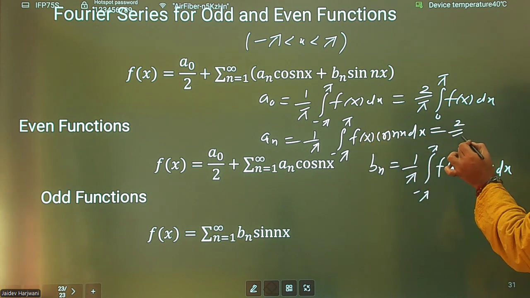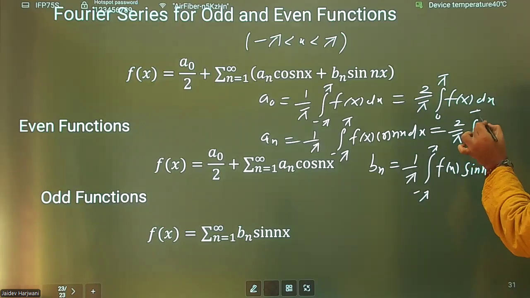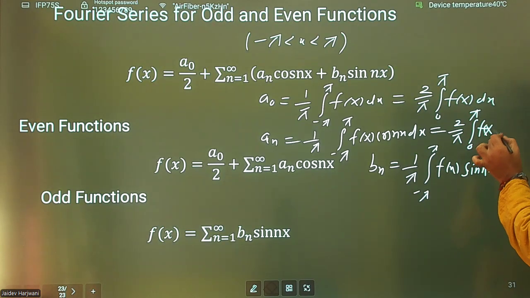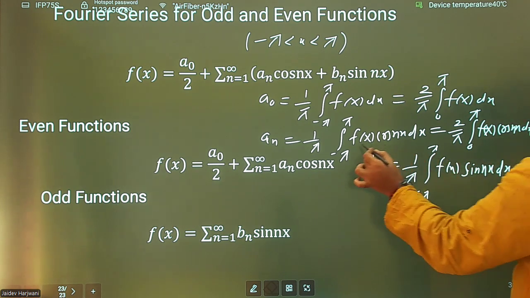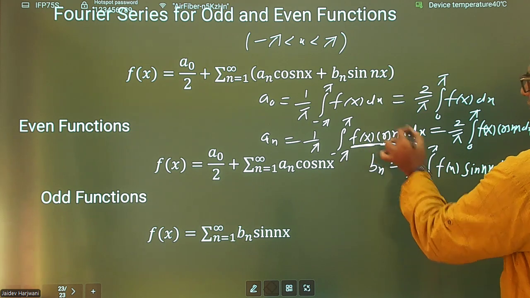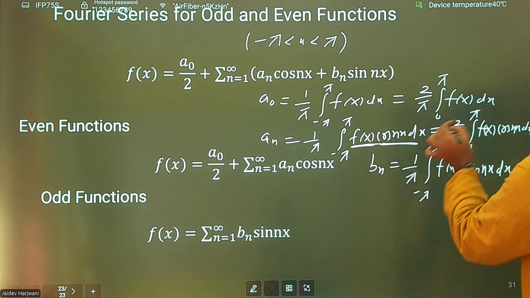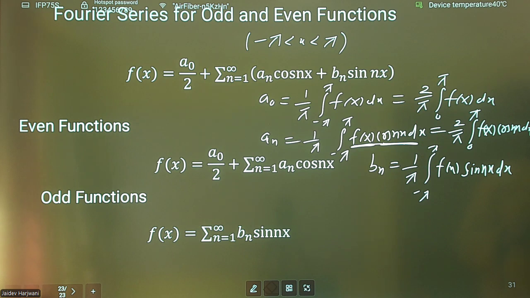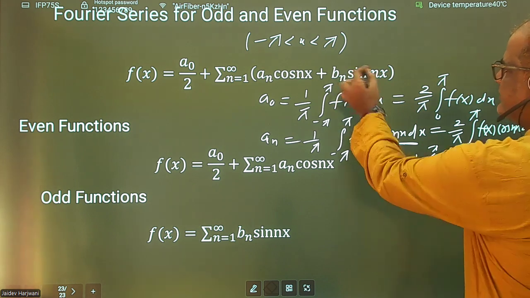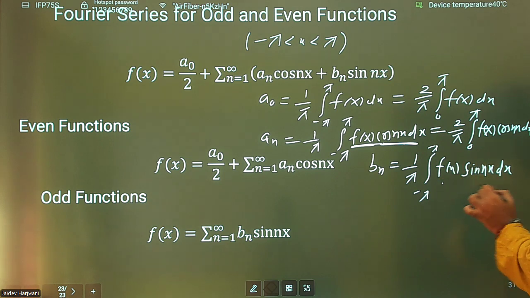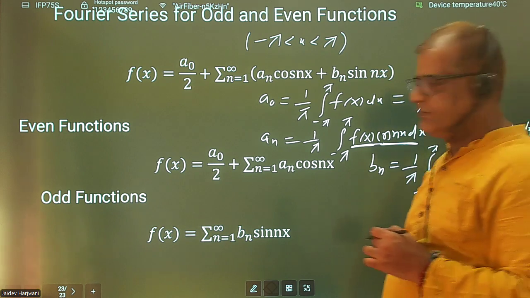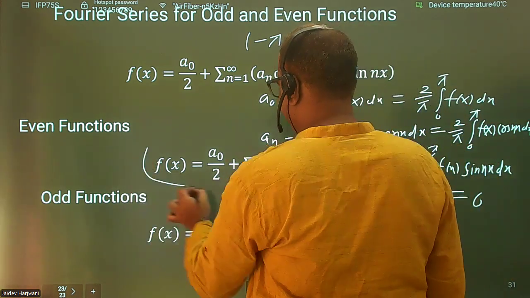This can be written as 2 upon pi, integral from 0 to pi of f(x) cos nx dx, because this is even times even, an even function, so I can make it twice. But if you see bn, this is an even function times an odd function, so the total is an odd function, so bn becomes 0 for an even function. That means my Fourier series gets simplified here.